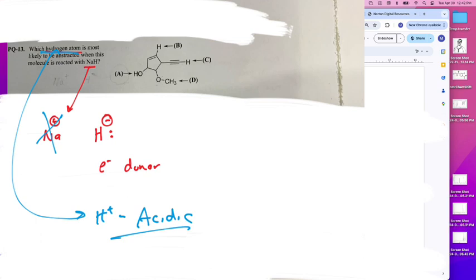Technically carbon does, but I meant oxygen. Oxygen is more electronegative than the carbon. What does that mean? It's going to pull the electron density closer to itself, making that hydrogen more positive and more acidic. There's my answer.